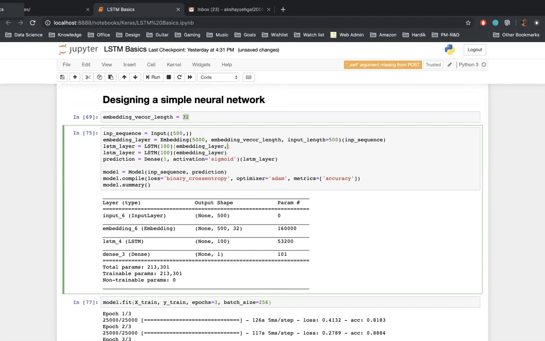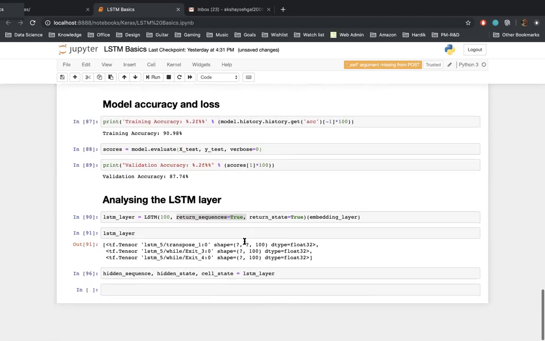What I would essentially end up doing is I would set this to return sequence equal to true. And what this does is, instead of now returning 100 values, this is going to return a tensor that has 3 dimensions. So this is a three-dimensional tensor.